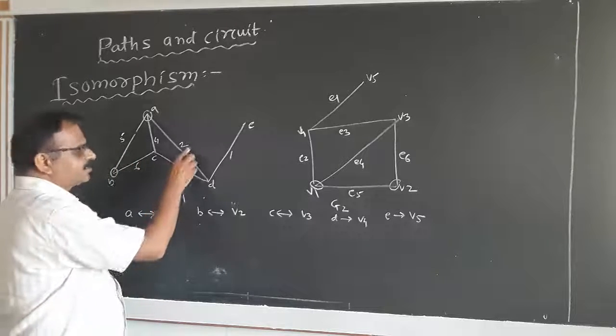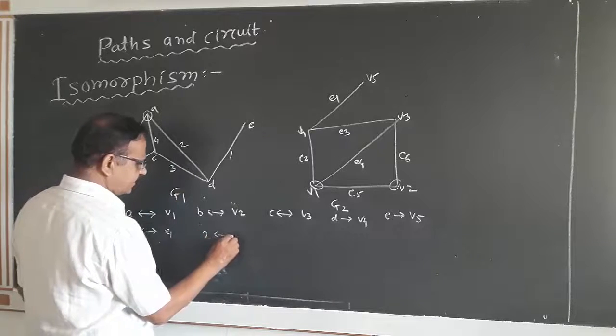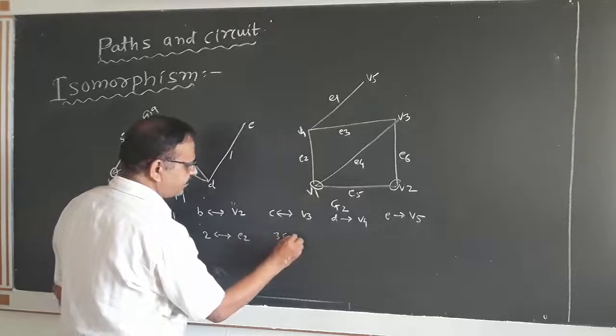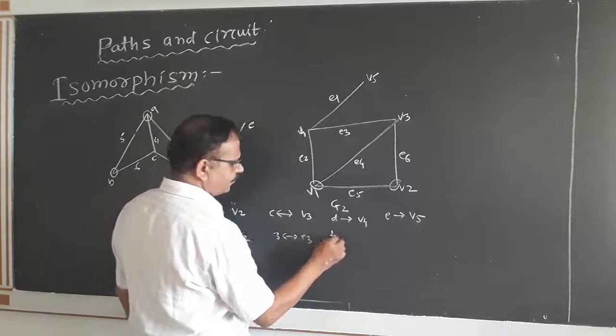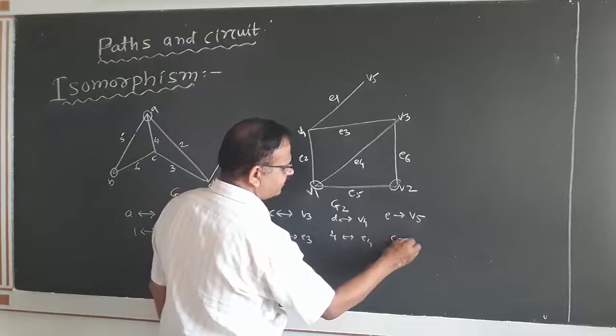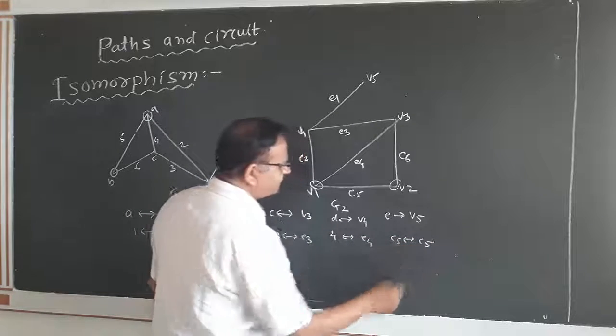Similarly, edge 2 corresponds to edge E2, 3 is related with E3, the 4th edge is related with E4 and the 5th edge is related with E5.